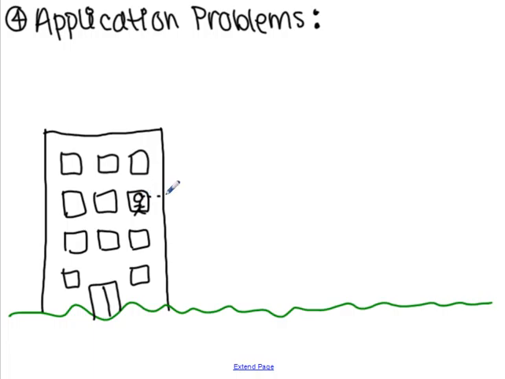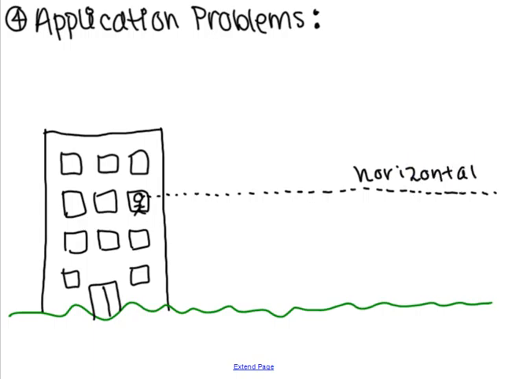His line of sight right here, I'm going to call this guy the horizontal. He lifts his head up because he sees an airplane in the sky right there.